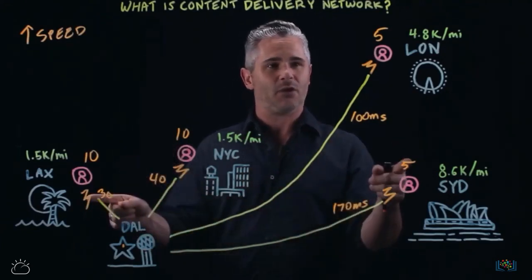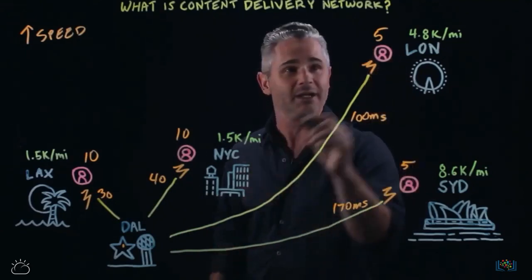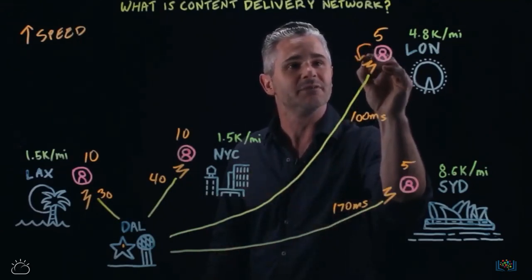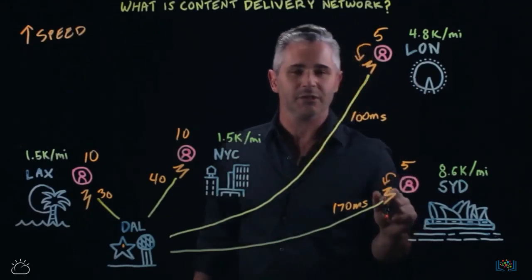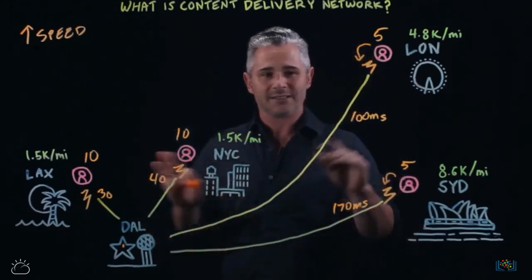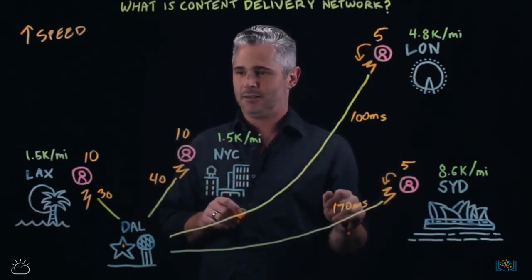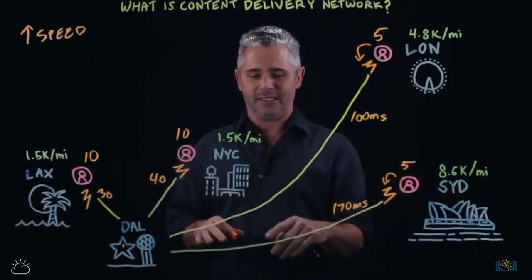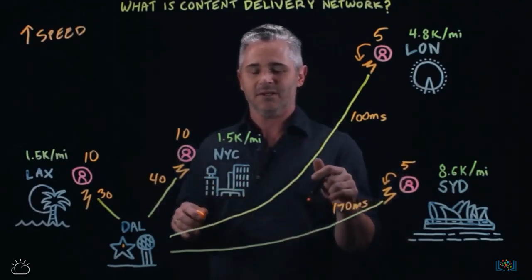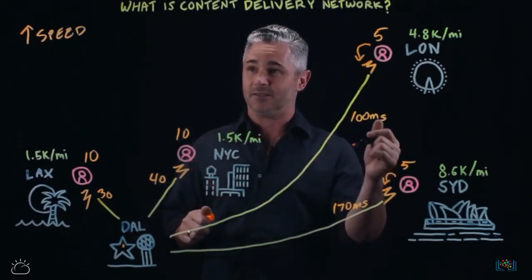It's now distributed all around the world, and our users in London, instead of going all the way to Dallas, are able to retrieve that content directly from their closest geographical location, drastically reducing the amount of time it takes to retrieve that content. So as you can see, it's very basic how a CDN is able to provide benefits to the end user by reducing the amount of time it takes to deliver the service.